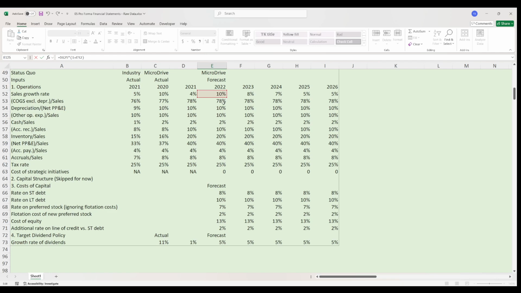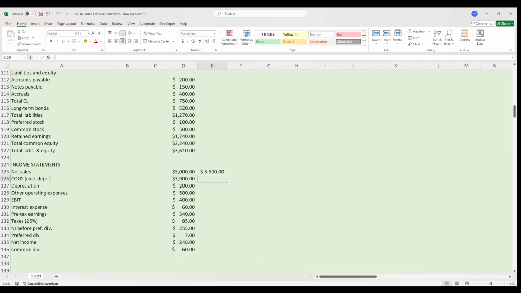That's basically saying I'm assuming in 2022 this ratio will be 78%. So as a result, my 2022 COGS will be 78% of the sales, right? So if I say it's a growth rate, it's pretty straightforward. It's just gonna grow at 10%.